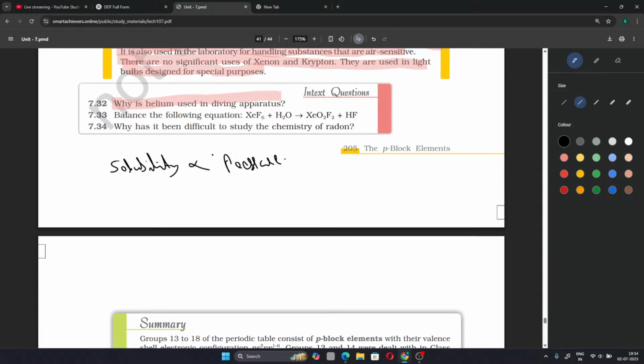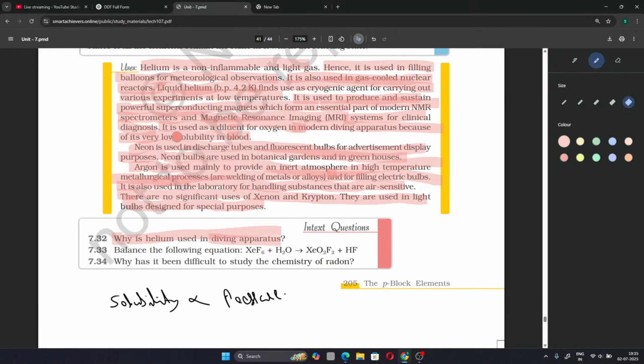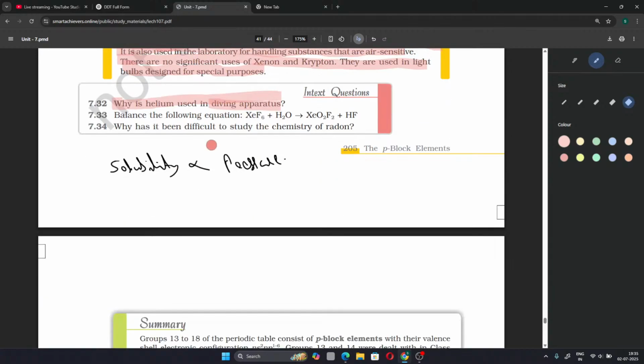Solubility depends on the external pressure as well as the individual partial pressure. KH, Henry's constant, depends on the pressure and the mole fraction, as in the solutions chapter. Because helium also dissolves less, they gave in the uses part that it is used as a diluent for oxygen in modern diving apparatus because it has very low solubility in blood.